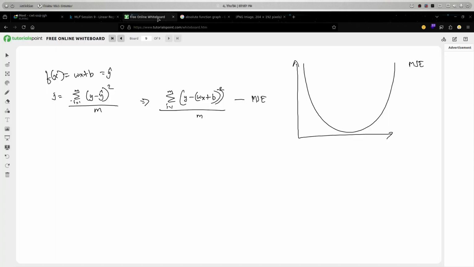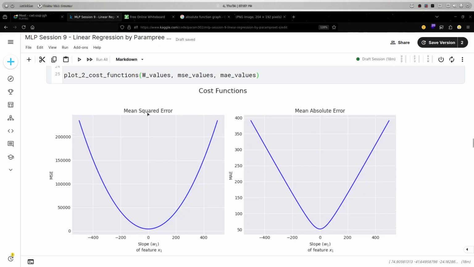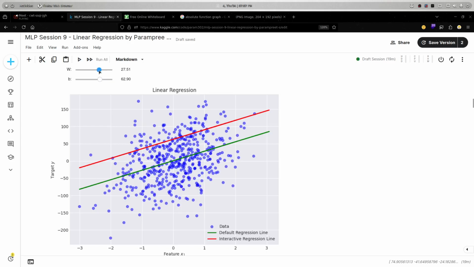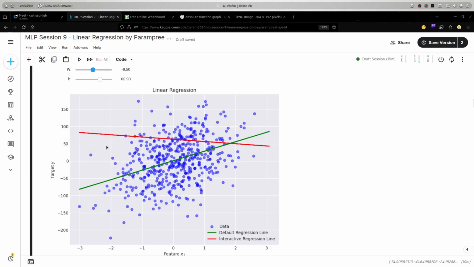Here you can see, if we have some w which is something like this, the slope here is negative, so the line is also decreasing as the x-axis is increasing. So we have to optimize this w and the b value in such a way that we get this red line same as the green line.